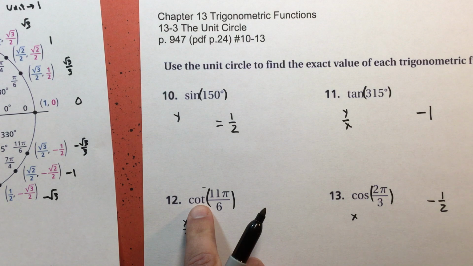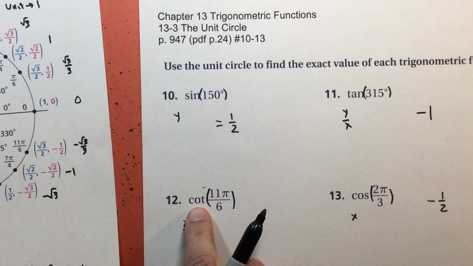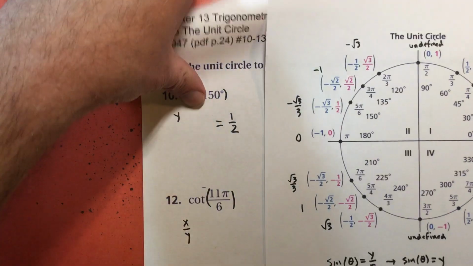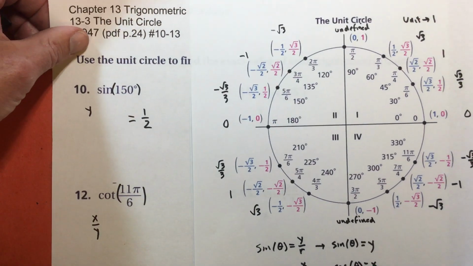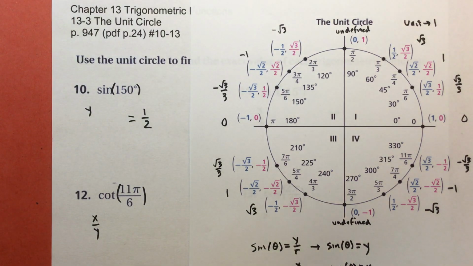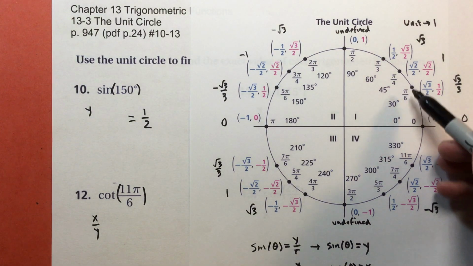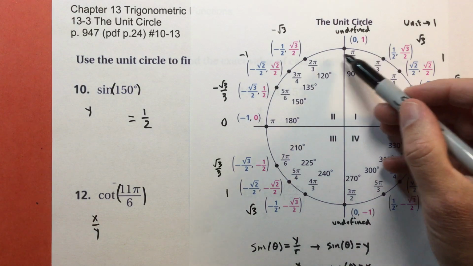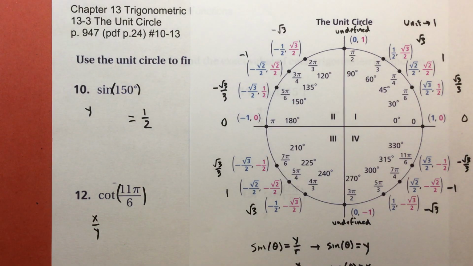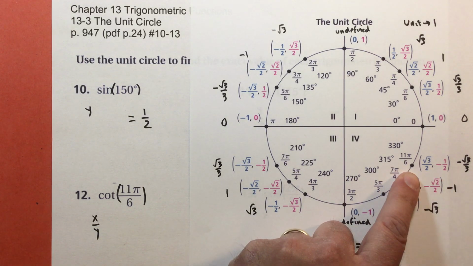Cotangent, we need to find tangent and then take the reciprocal. So move this back around. I know how awkward this is. So first let's find 11 pi over 6. So here's pi over 6, 2 pi over 6, 3 pi over 6, going all the way around. Here's 11 pi over 6, also known as 330 degrees. Okay.